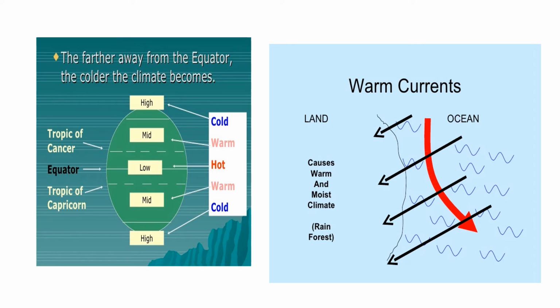We also have the differences that result in the origin of the different types of currents, the characteristic features found in this place. The farther we move away from the equator, the colder the climate.